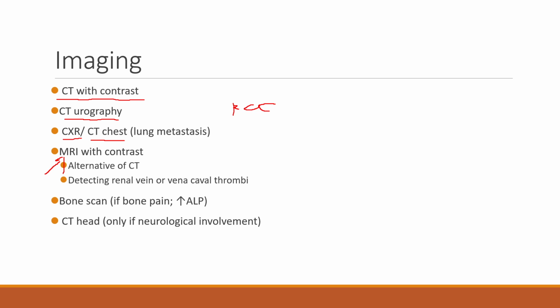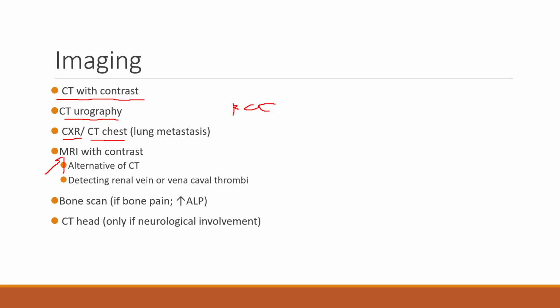So the imaging is very critical for your diagnosis. Still, you have to order some lab tests, but I didn't put them in my slides because they are not as specific as imaging. I can't say they're not helpful, but they're just not specific. So in the lab tests you might find a low hemoglobin level.